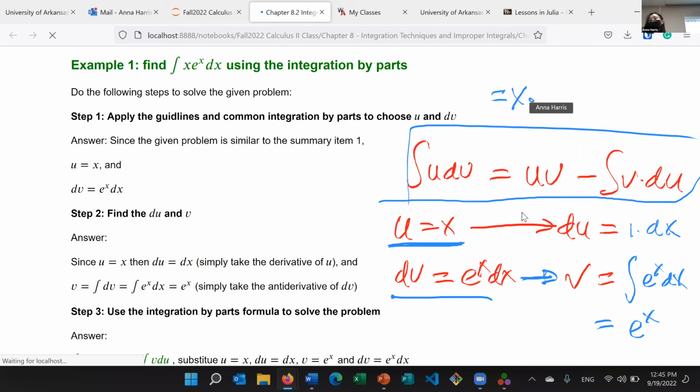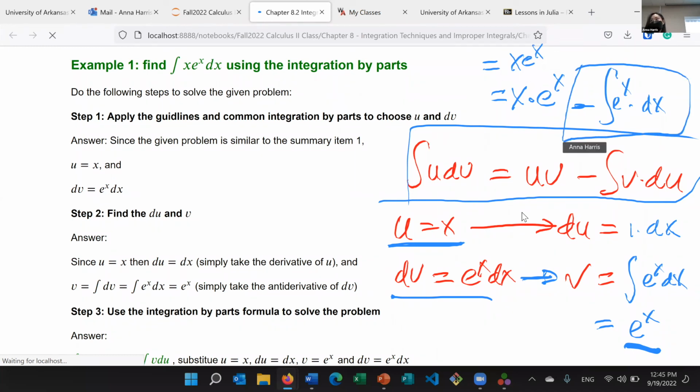What's v? e to the x. What's du? 1. I'm done. So my answer is x e to the x minus the antiderivative of e to the x, which is e to the x, plus c.